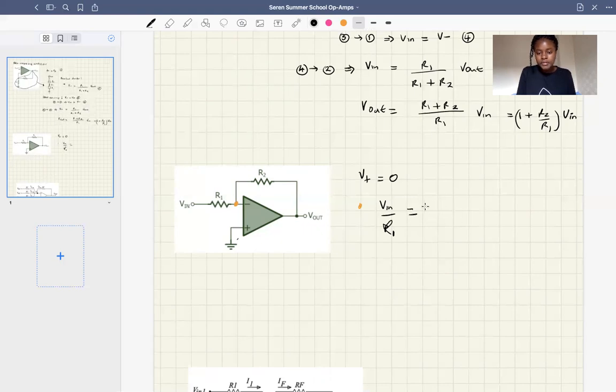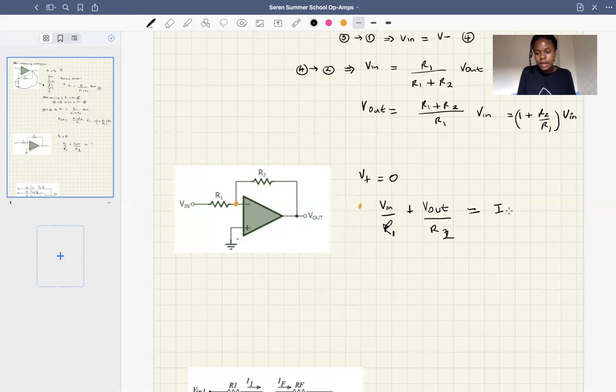V in over R1 is equal to, plus, because we're summing the current into that node there, plus V out over R2, which is equal to the current through there, because you're adding up to make I minus, and we know that I minus for an op amp is equal to 0.